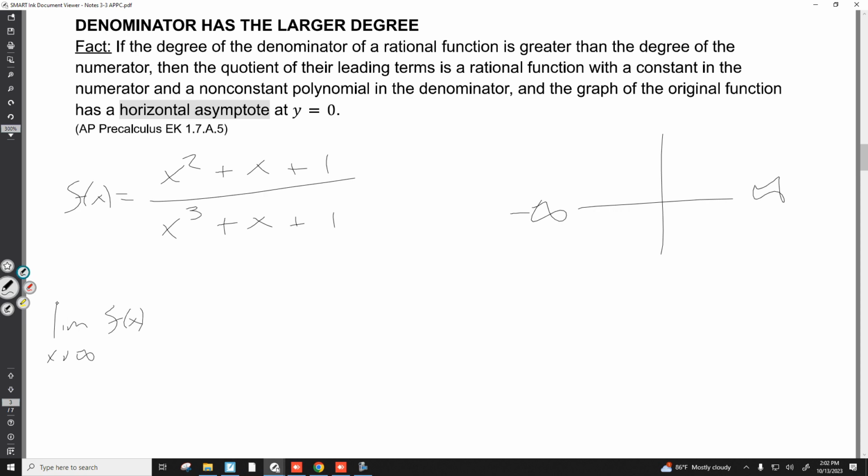First, tell your neighbors, what would you do first? We're talking about the end behavior, so what do we care about? Great. The biggest degree term, you ignore this stuff. It is important for all the stuff on the inside. Don't get me wrong. The vertical asymptotes, the holes, the zeros, very, very important. But when we're talking about the big infinities, you just care about x squared over x cubed. You simplify that, you get 1 over x.